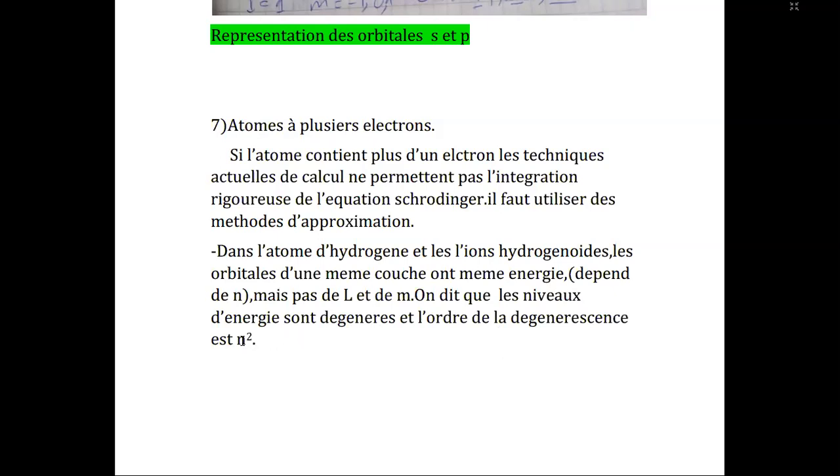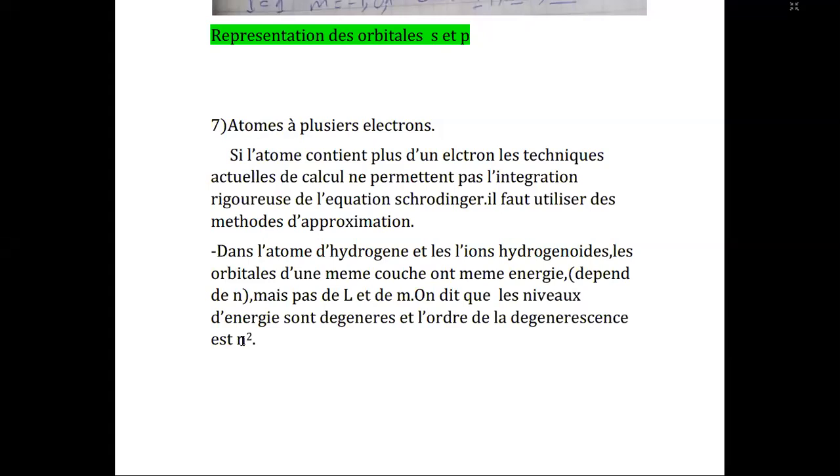So here basically it is saying that in the atom of hydrogen and the hydrogenoid, which has one electron, when I say orbital, you should be thinking of the room which contains electrons.